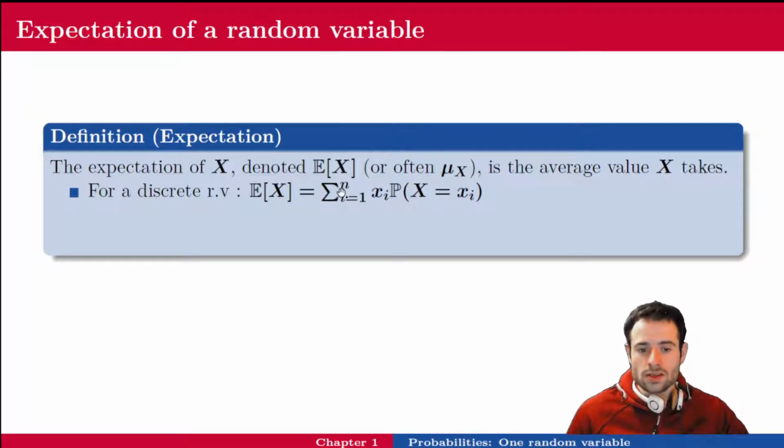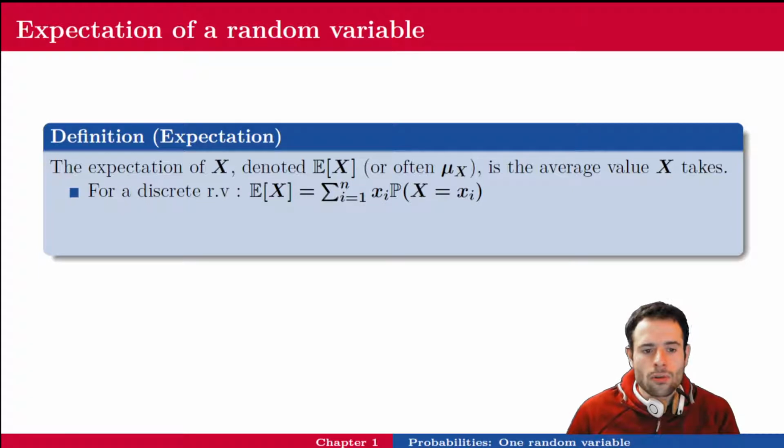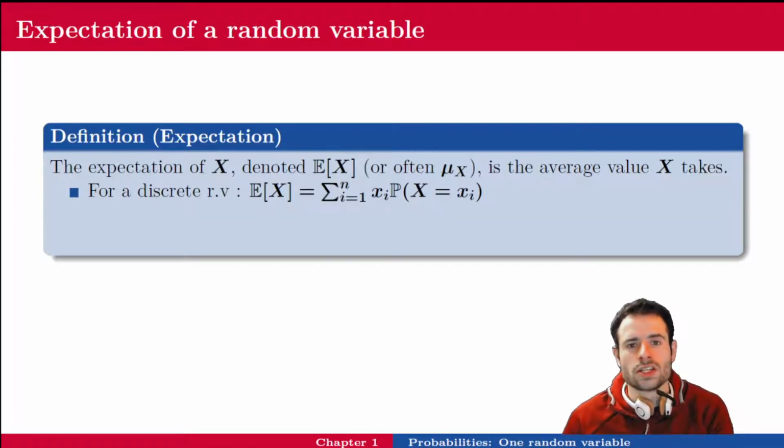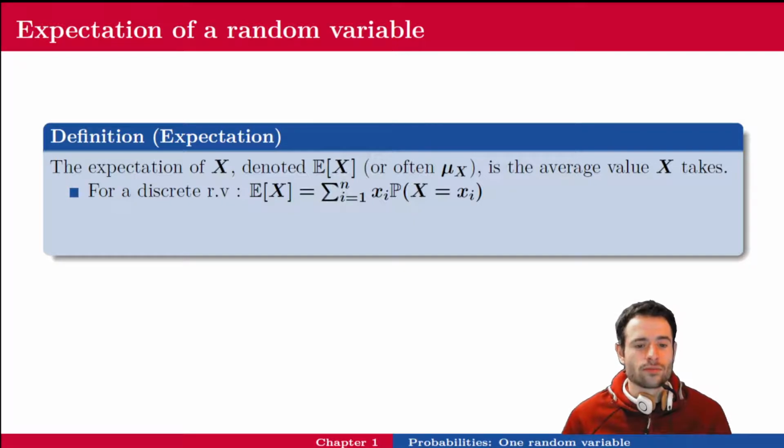So in this case, there are n possible values that x can take. Value times probability it happens, plus value times probability it happens, plus value times probability it happens, and so on, until you go over all the possible values.